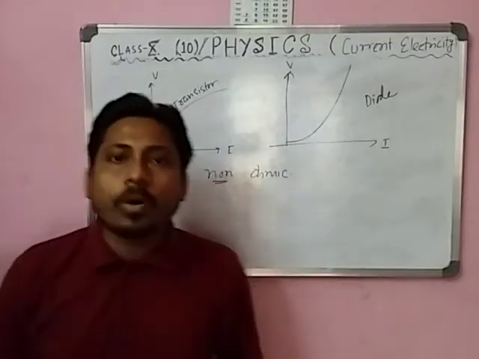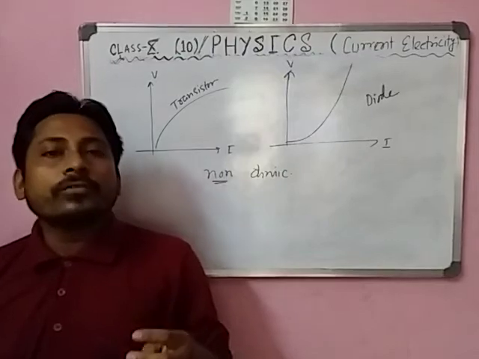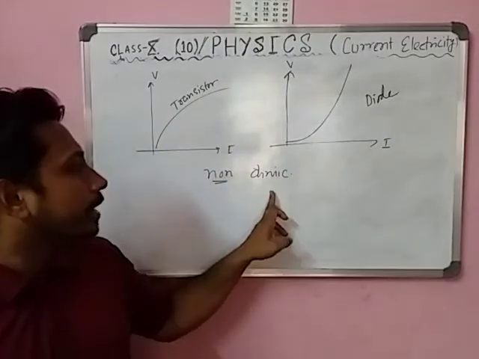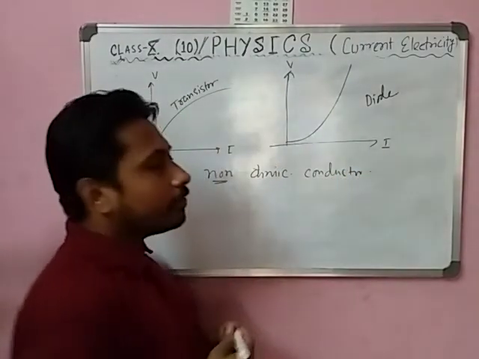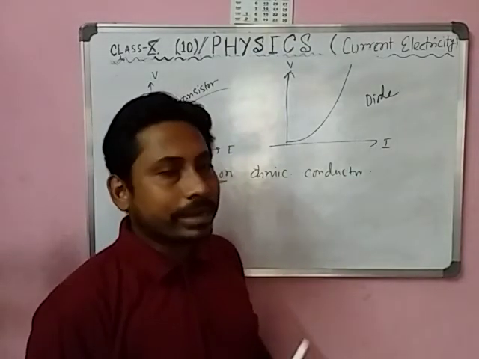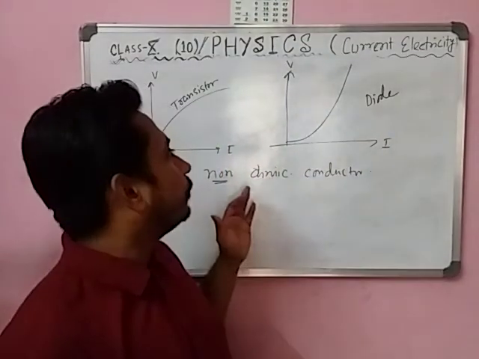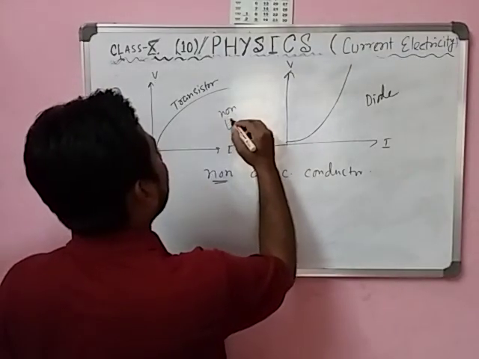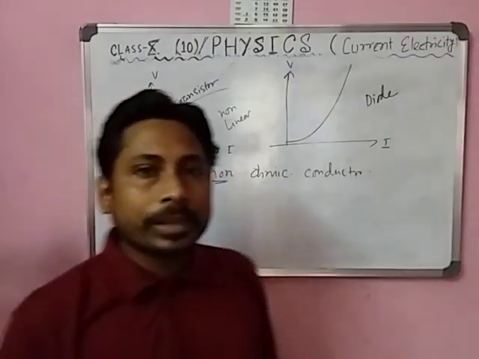Please write down one more important question for your exam: give 2 examples of non-ohmic conductor. Then you can say diode, transistor, because the graph is non-linear. Linear means straight line, non-linear means curve.